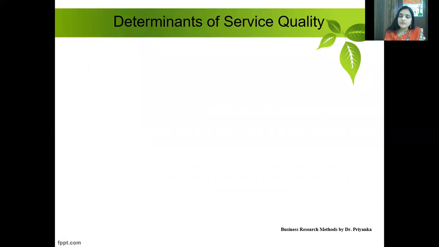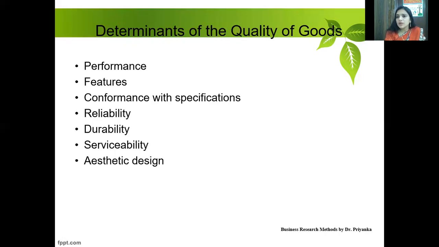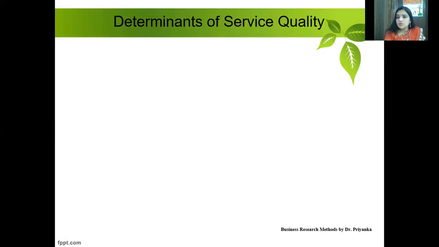Then determinants of service quality. How your firm is providing service. For example, when we talk about normal daily products, we will be talking about quality of goods. But when we talk about things like maybe washing machine, maybe fridge, maybe TV, in these cases, we give more preference to service of the product. Or maybe a banking organization, their service matters, right?